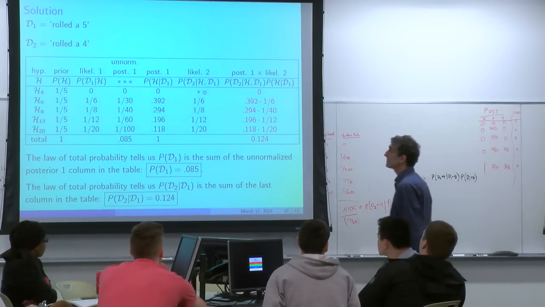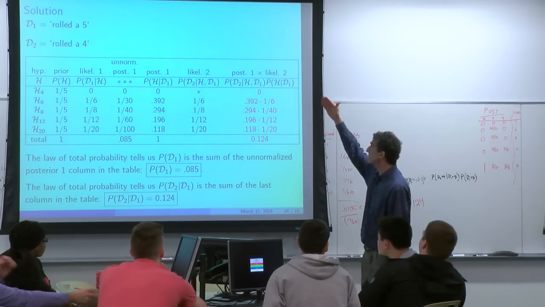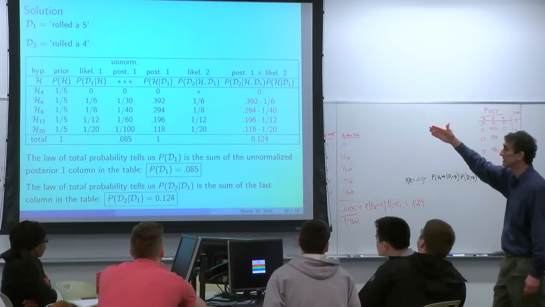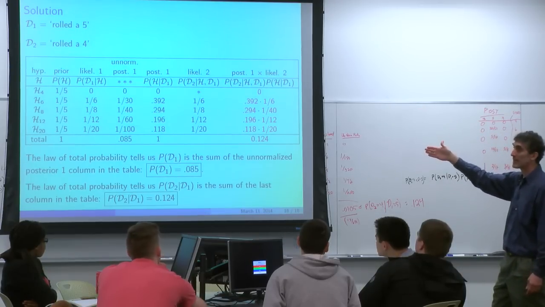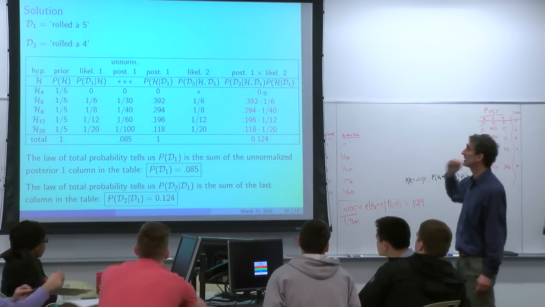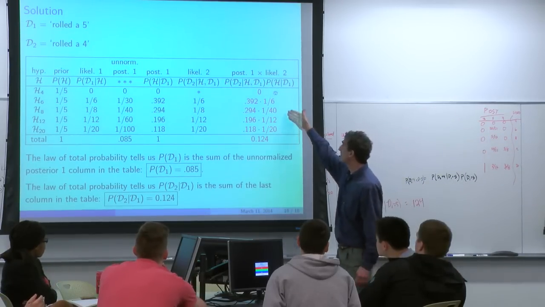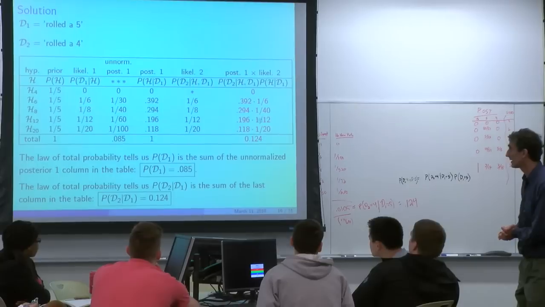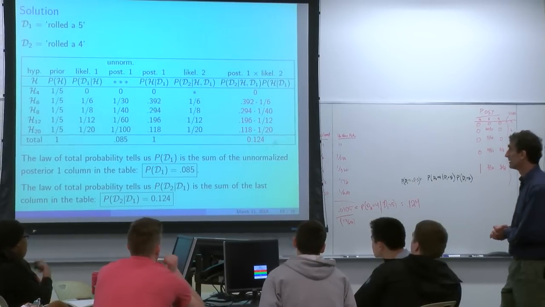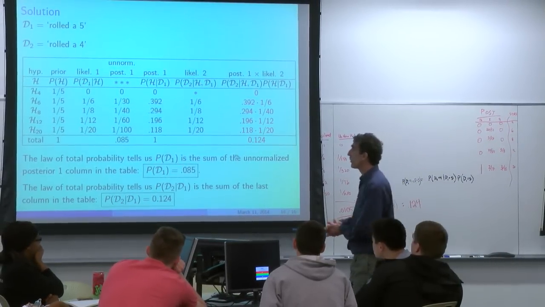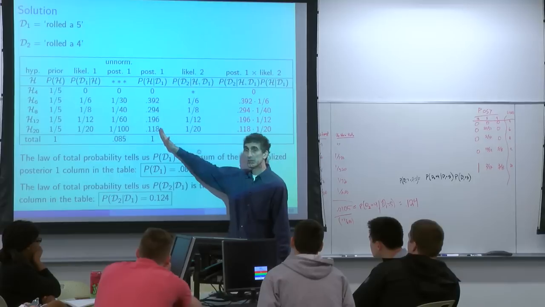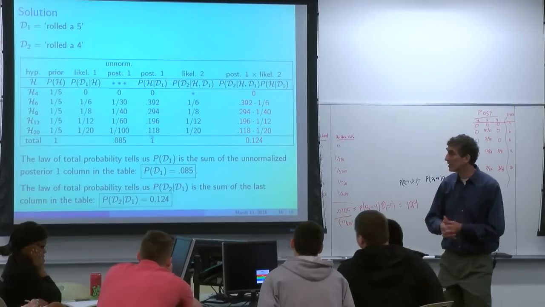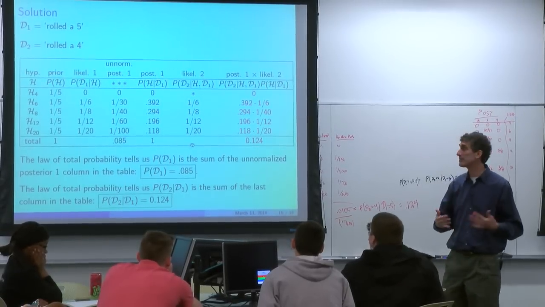Now my total probability is done the same way. You multiply this new posterior 1, which is your prior for likelihood 2, times likelihood 2, and sum them up, and I get this last column. So again, once I have my posterior for the first bit of data, I can use that in the law of total probability to make a prediction.